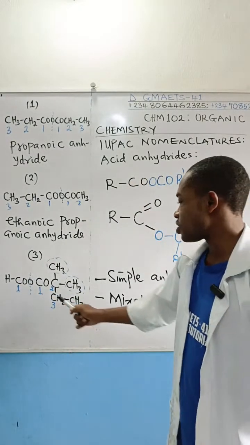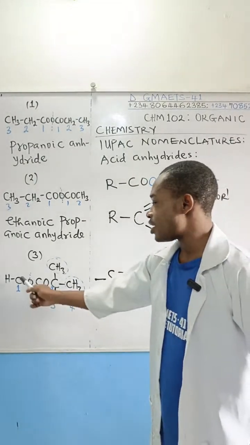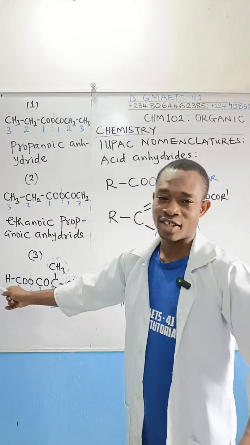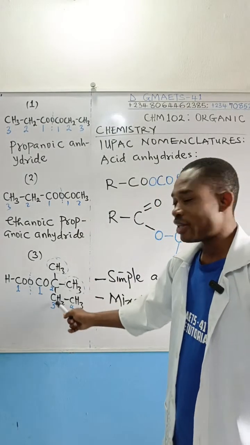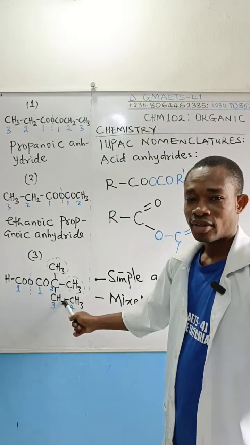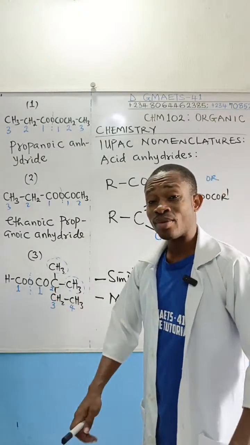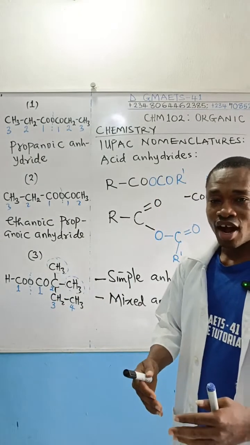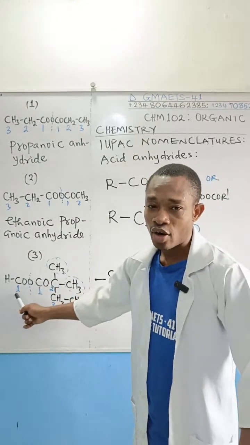So once again, let us assume that this part is 3 carbon atoms, which is propanoic, and let us assume that this part is 2 carbon atoms, which is ethanoic. Right? And then you have attachments here. You know that the name will follow alphabetization. You have to pronounce that name alphabetically, right? So it's going to be ethanoic.